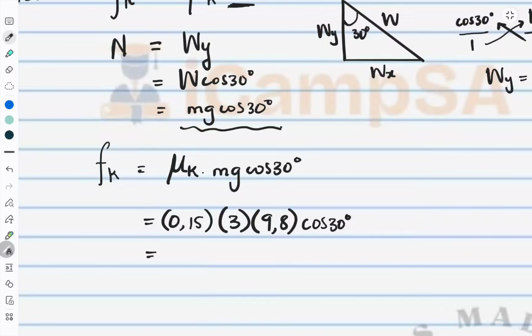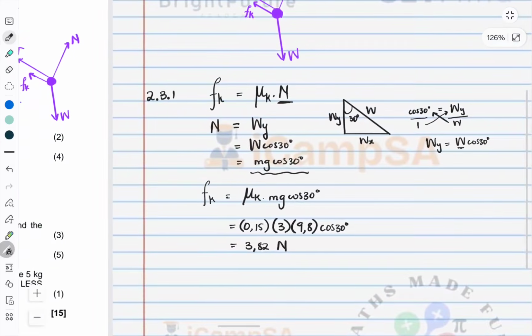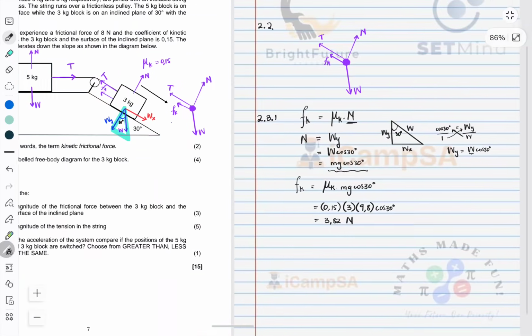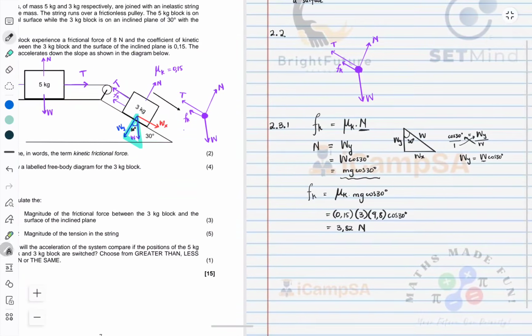Then I get 0.15 times 3, so I get 3.82 newtons. If you leave out the units, just know that your answer is incomplete. Always include your units. Okay, so that was a simple 3 marks.